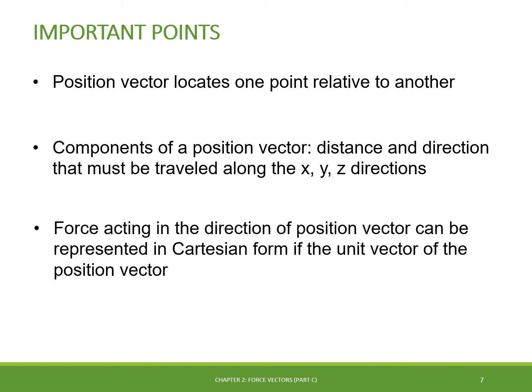And the last important point is that a force acting in the direction of a position vector can be represented in the Cartesian form if its unit vector is known, and then the force vector can be determined using this formula.